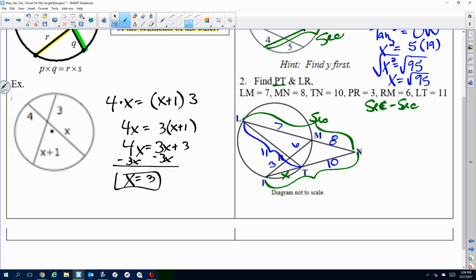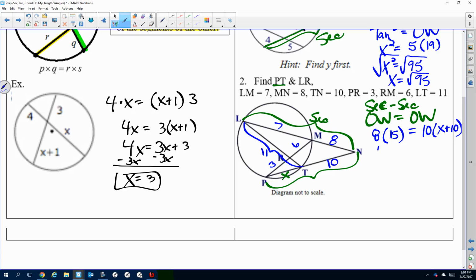Whenever you do secants, you do outside times the whole equals outside times the whole for each secant. So for secant LN, that would be 8 times 15, right? And then for secant PN, that would be 10 times x plus 10, because you have to add up the parts to get the whole secant.